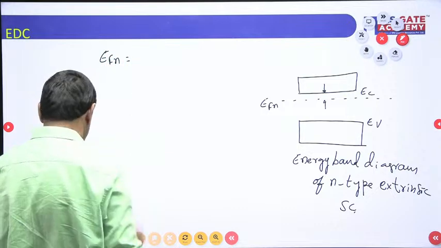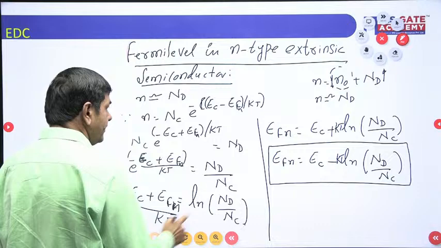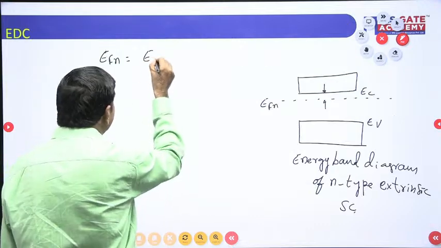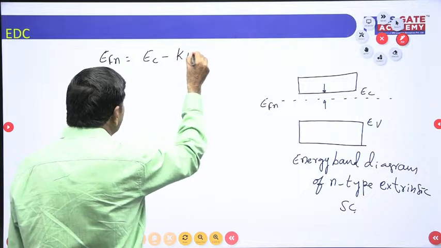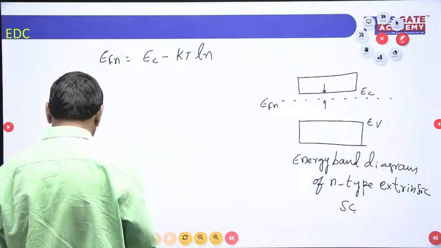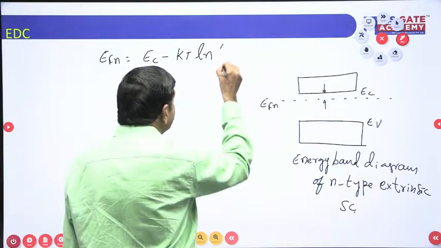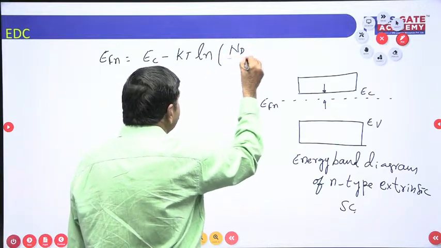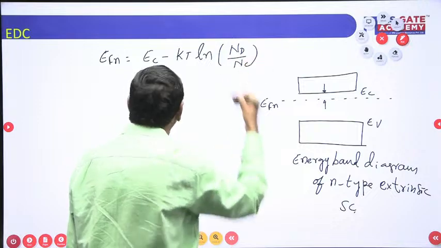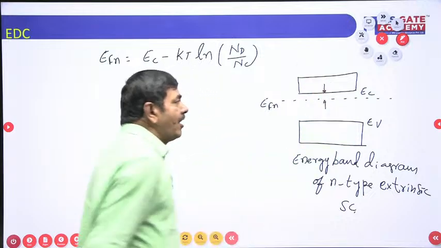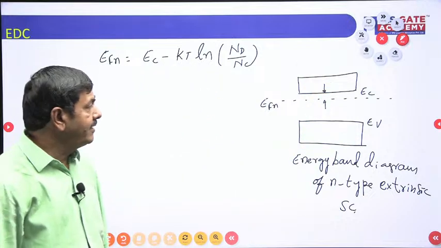What did we get? EFN equals EC minus kT into ln of ND by NC, it is written here now. But this energy is required. So in the problems you will be asked in the GATE, EC minus EFN equal to how much?